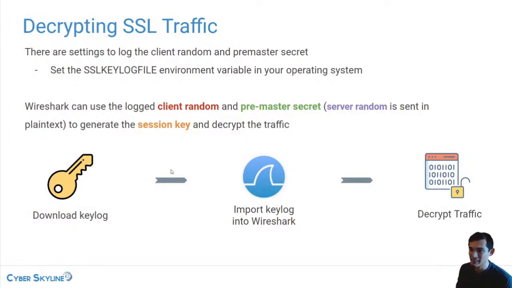And you can also see that based on the method that we're using here, this is actually a pretty secure implementation, because an adversary from the internet can't actually go and get the information that they need to decrypt this traffic. The SSL key log file method would require compromising the client, the victim's machine, to generate these logs and then take them and decrypt the traffic.